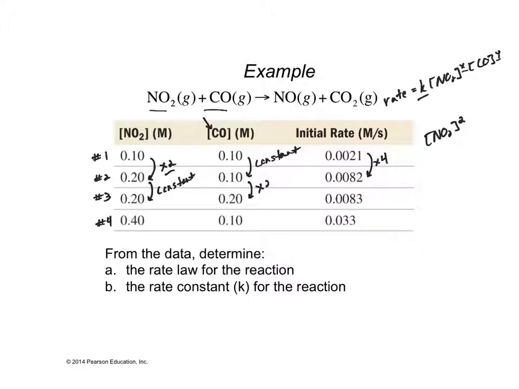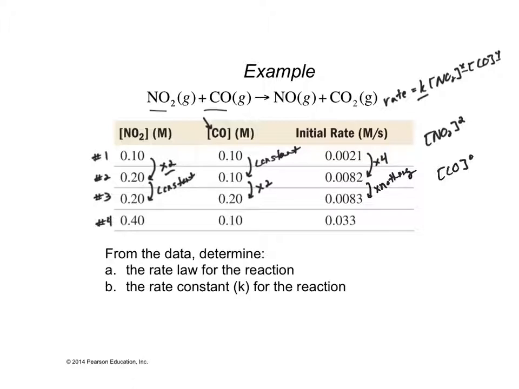So when I do that, what happens to the rate of the reaction? Nothing, right? Within the experimental error of the experiment, this does nothing. It's essentially the exact same rate, okay? So if I double CO, hold NO2 constant, and the rate doesn't change at all, what can I assume about the order with respect to CO? 0 order, okay? So CO would be 0.